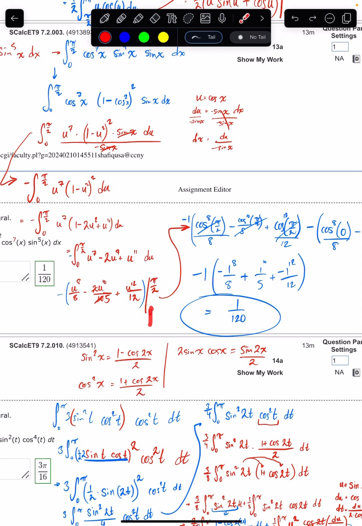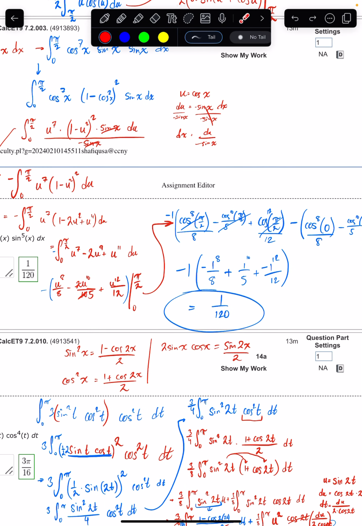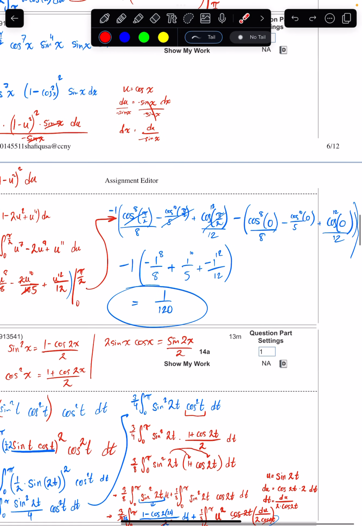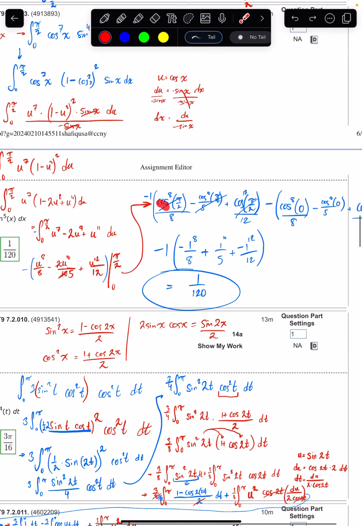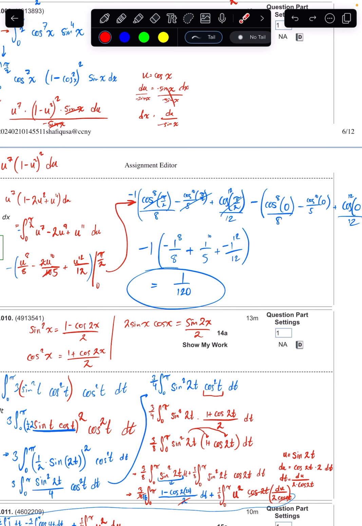Cosine of pi over 2 is 0, and cosine of 0 is 1, so it's going to be 1 to 0. And then we could just keep our u values. It'll give us the same answer, but I don't know why I didn't do that. I just plugged it back in for u, and our u value is cosine, so cosine to the 8, cosine to the 8, yeah.